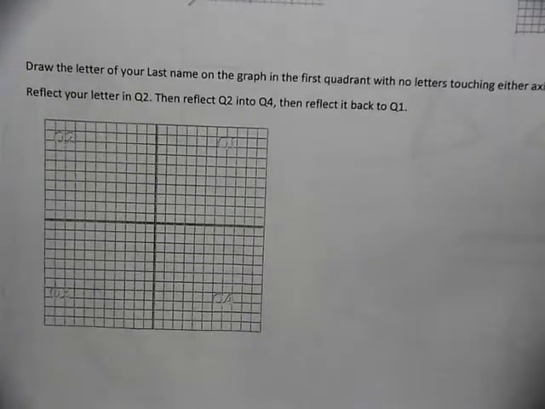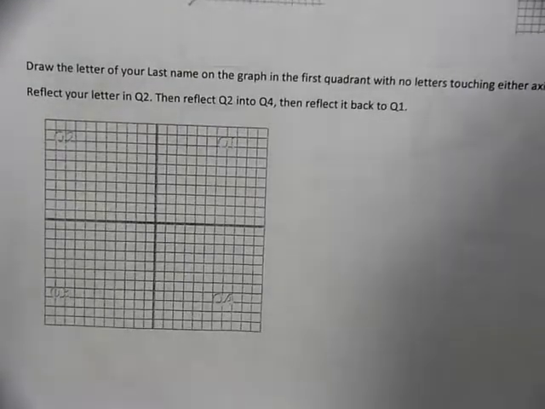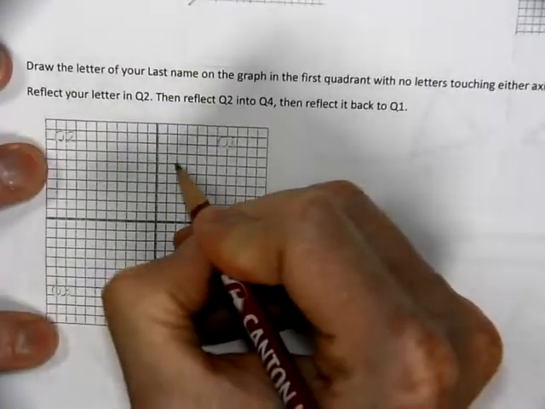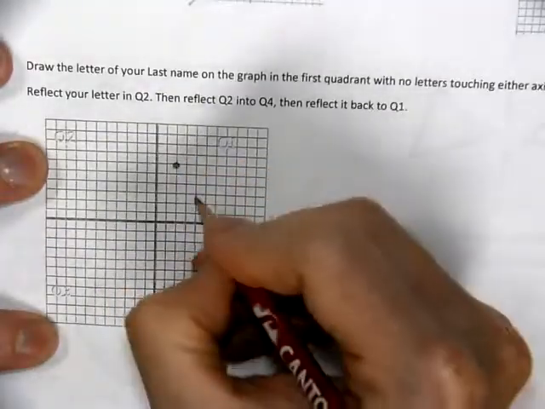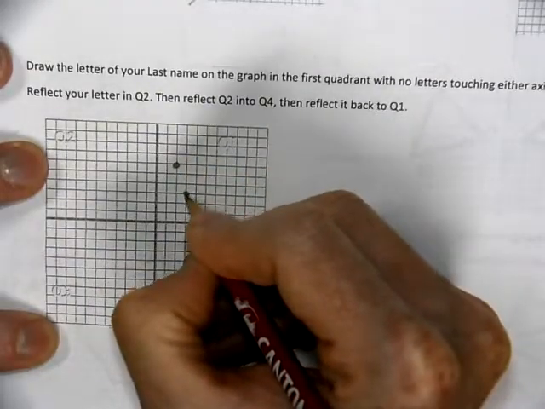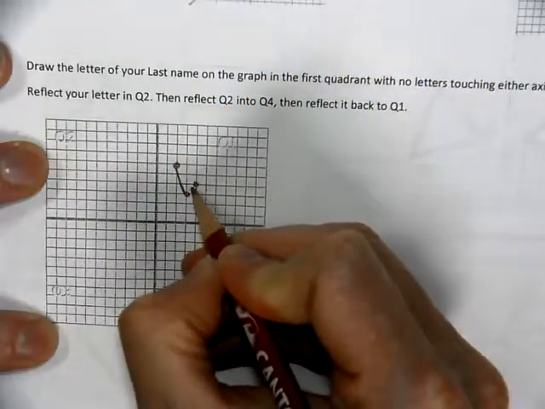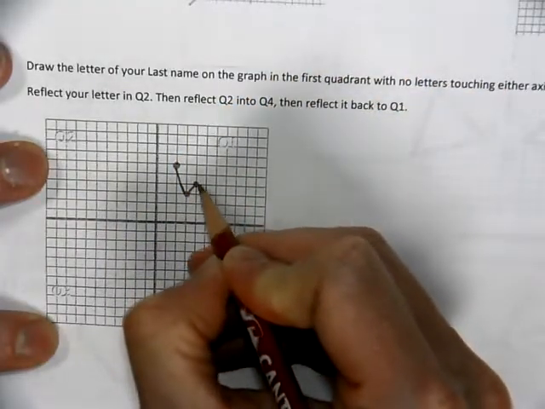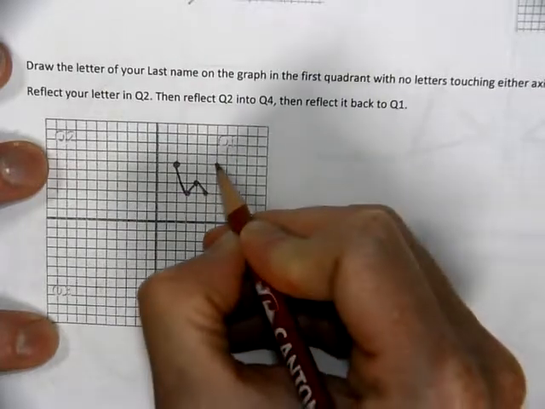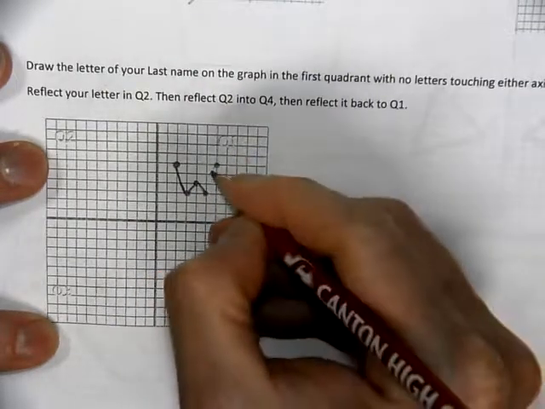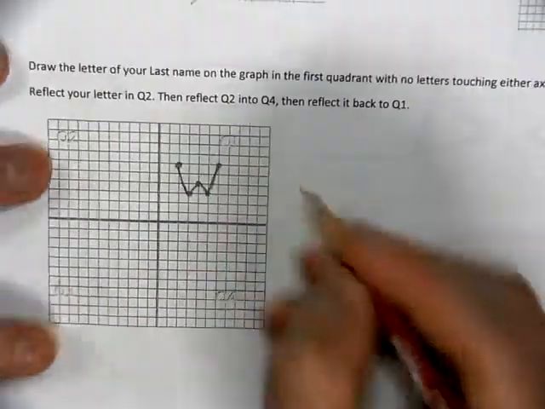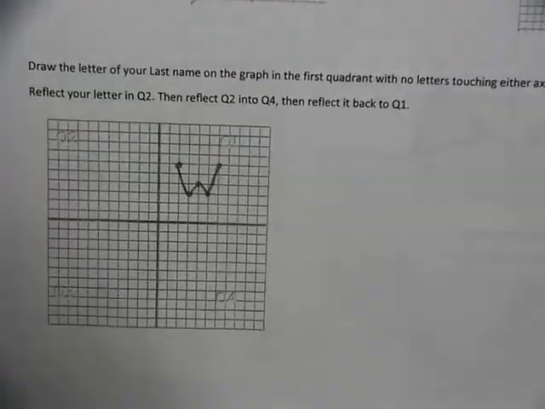Last one. Draw the letter of your last name on the graph in the first quadrant with no letters touching. There it is.